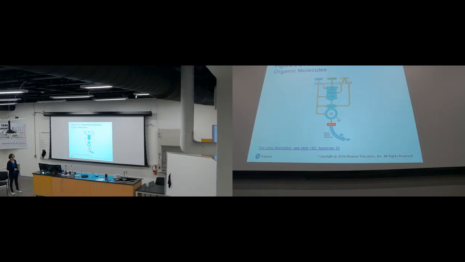And ultimately, you end up with these hydrogen ions, these protons and electrons going into the electron transport chain. All of these are organic molecules. Some microorganisms can use inorganic molecules as a source of energy.